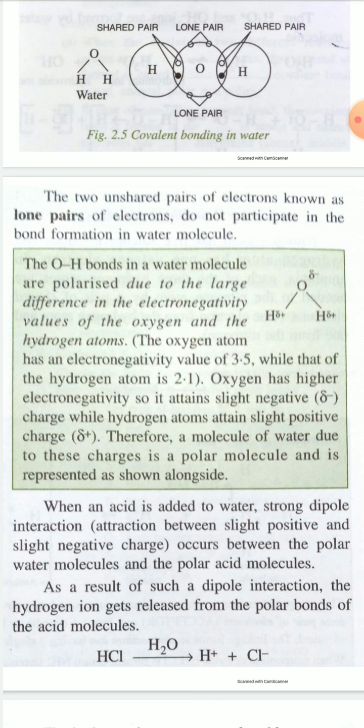Therefore, there is a slight negative charge on the oxygen atom and a slight positive charge on the hydrogen atom, because oxygen is the more electronegative element. That's why oxygen attains a slight negative charge, and hydrogen attains a slight positive charge.